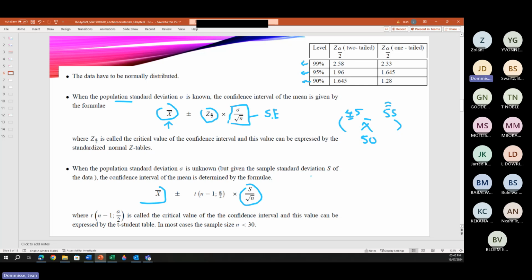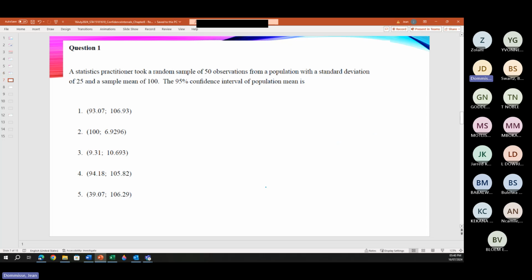Okay, so let's look at the first question, and let's look at what they ask. Identify if it's a Z or T that we're going to use, and then look at the formula and work further from that.